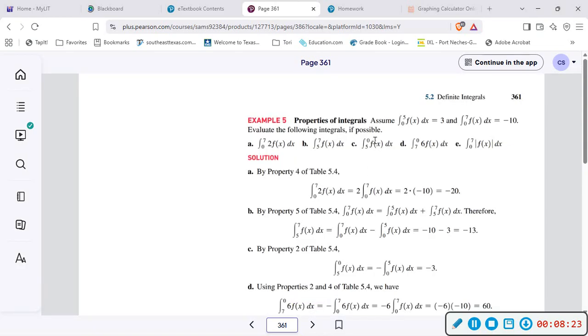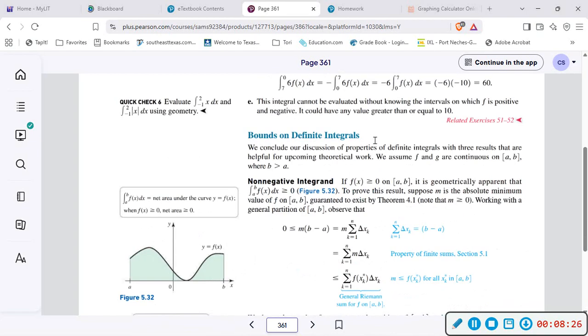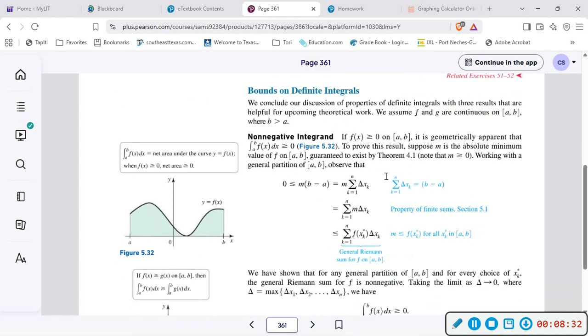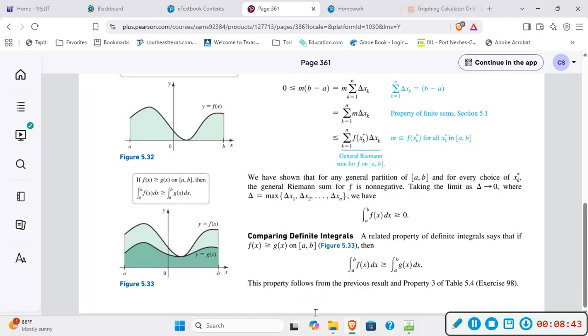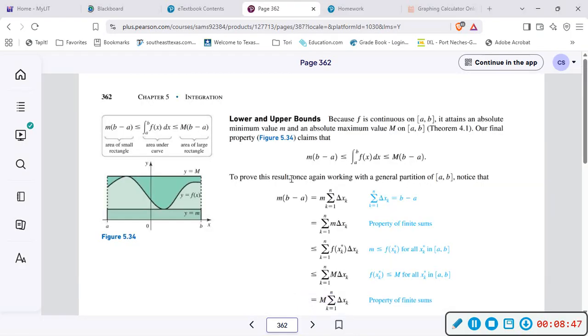Again, these are just some examples going over properties of integrals, some bounds on definite integrals, properties, and then some more visuals. So bounds, like it's between 2 points. This is where we're doing the upper bound and the lower bound of the function to help us figure out the integral.